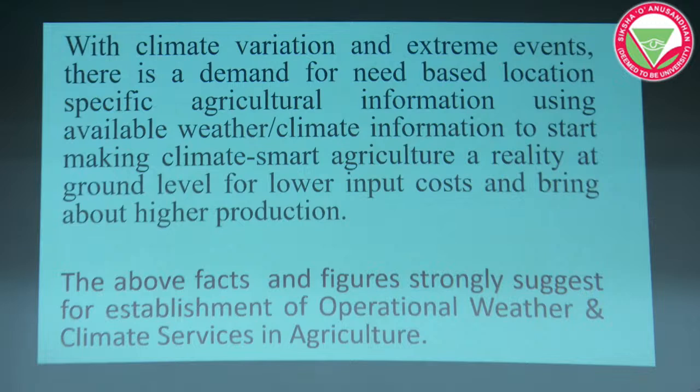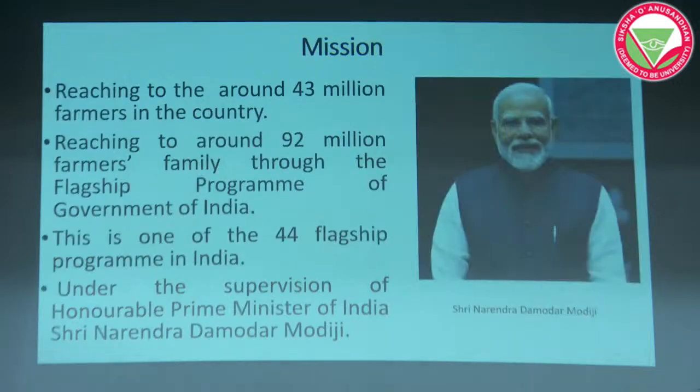Whatever I have just mentioned, climate information and weather information, how to reach the farming community: there are 44 projects in India, and one of them is called the Agro Advisory System. The Prime Minister himself is also monitoring it.